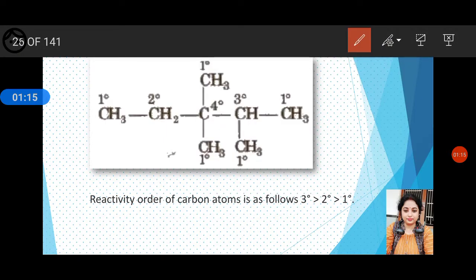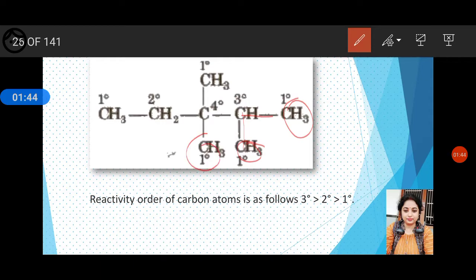This is the time to understand what I have taught you. So, number one, primary carbon atom. Concentrate on this example and see, a carbon atom linked to one or no carbon atom is called primary carbon. See here, this carbon is attached to only this one single carbon.